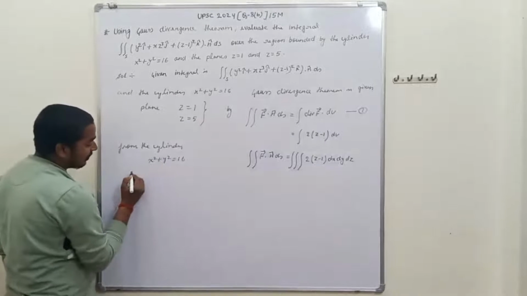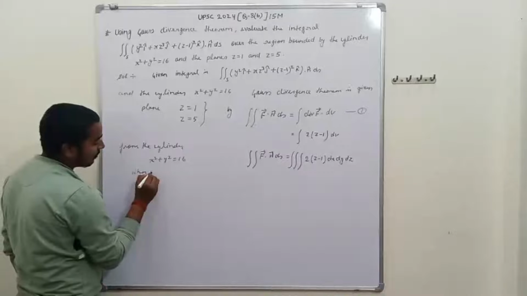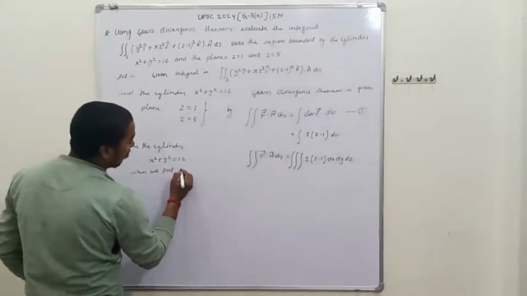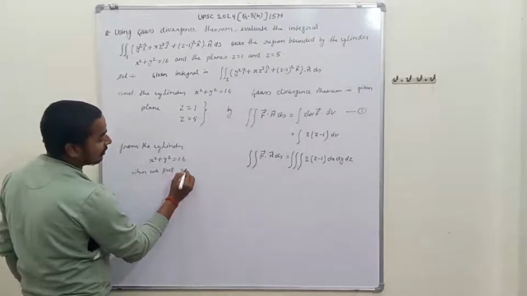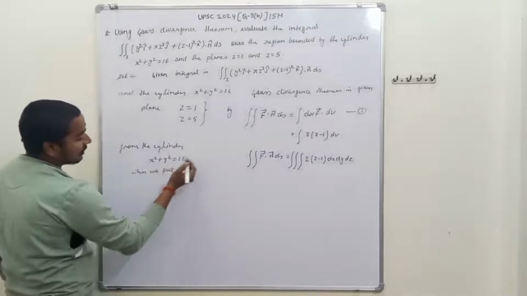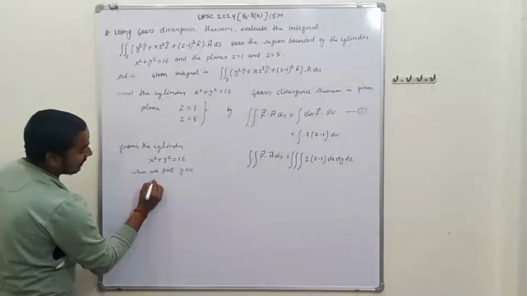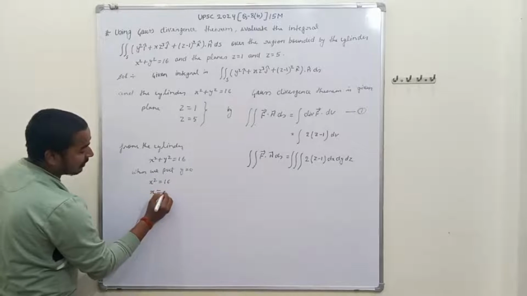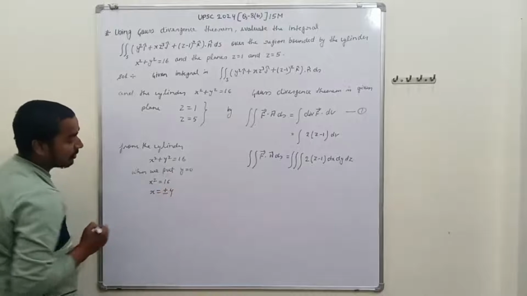When we put y equal to 0, we find x square is equal to 16, so x is equal to plus minus 4.